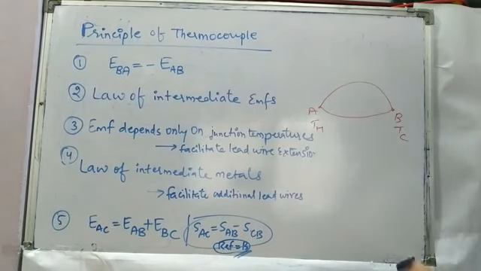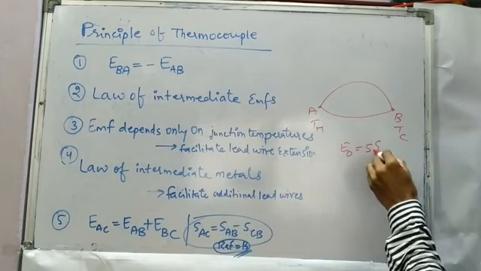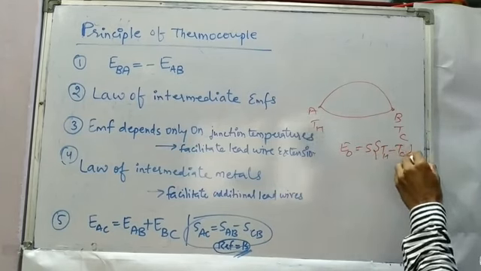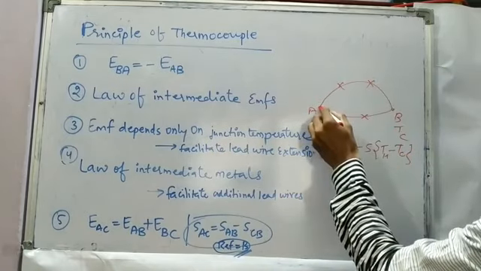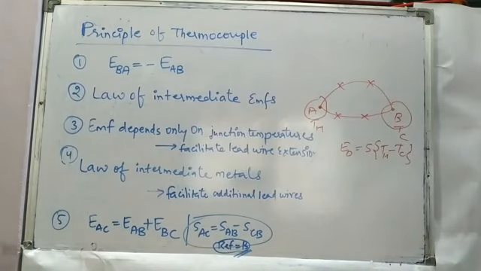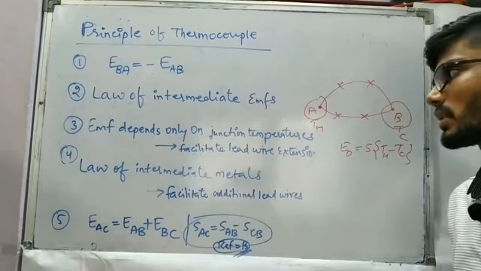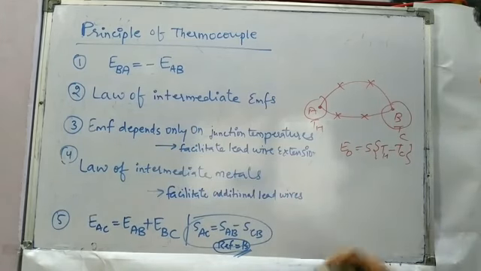But the output which we are going to get in the control room is E0 equal to sensitivity into TH minus T cold. So whatever temperature these particular metals are facing in between, apart from TH and TC, we are going to get the same voltage output. So EMF does not depend on the intermediate temperatures. So this is going to give the facility of lead wire extension.